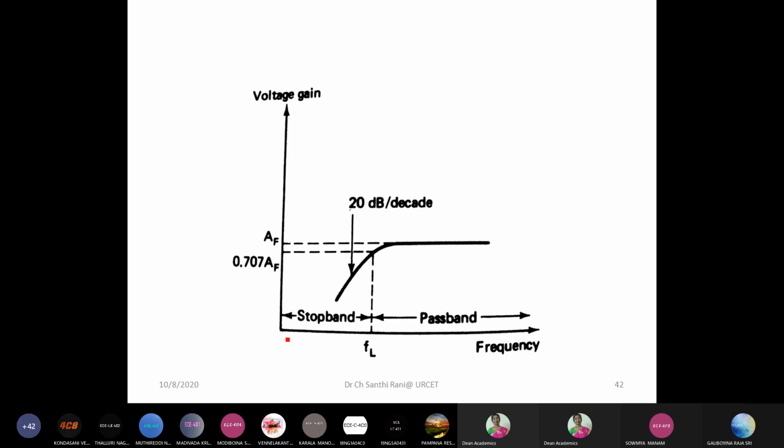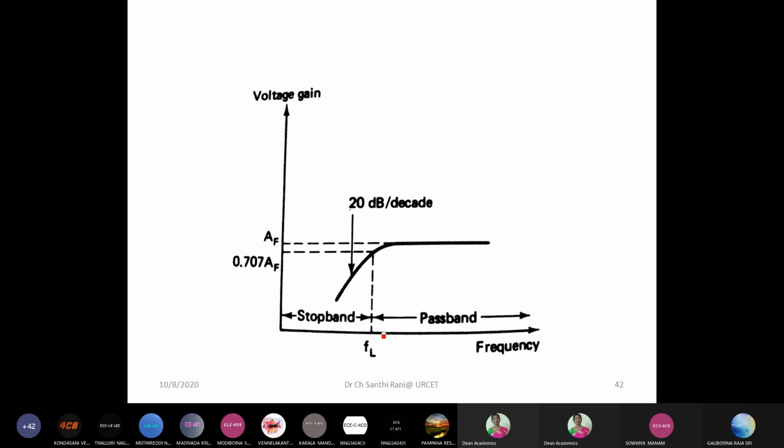That means for low frequencies, when you vary the input frequency, there is attenuation. Gain is very less until you reach a particular frequency, that is, the cutoff frequency. After reaching this FL, the gain will be 0.707 times that of the maximum gain, that is the filter passband gain.